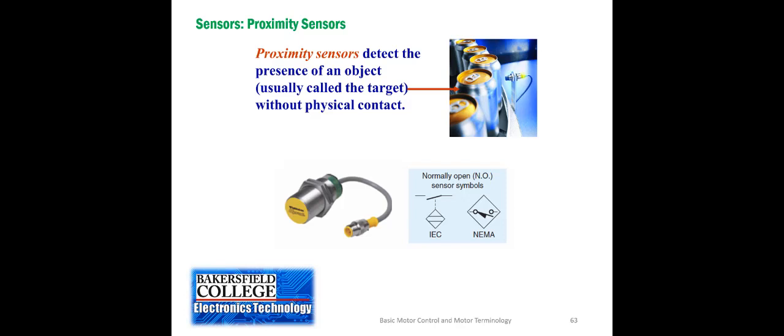So if you take a look at the symbol below for a normally open proximity detector, then you'll see that it looks like a limit switch. And it functions like a limit switch in the sense that when something is in that area, it will either turn on or turn off. But in this case, you see that diamond that encloses it, and that means that there is no physical connection between the sensor and the device that it's detecting.